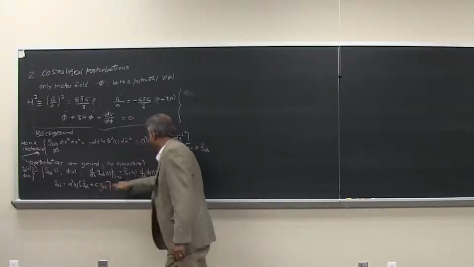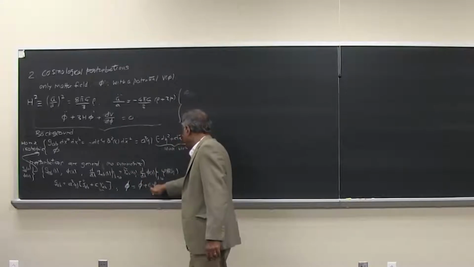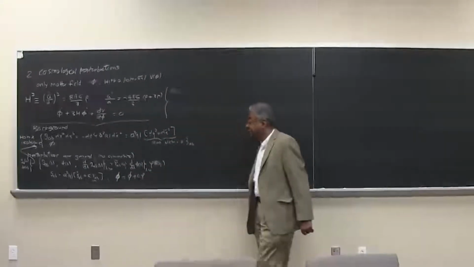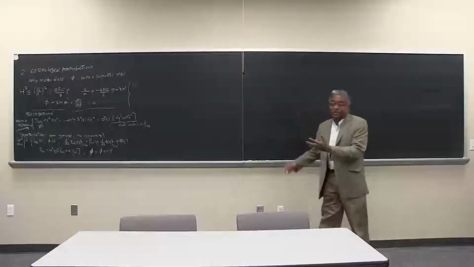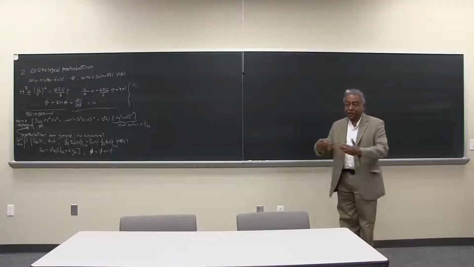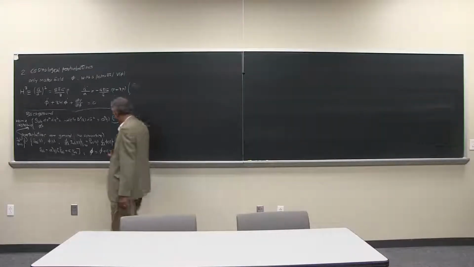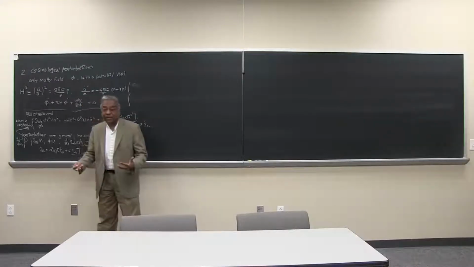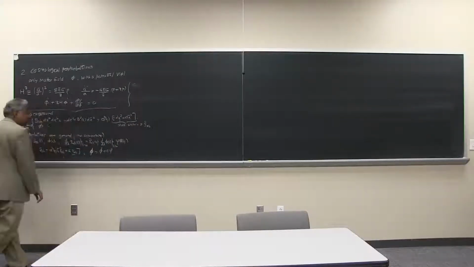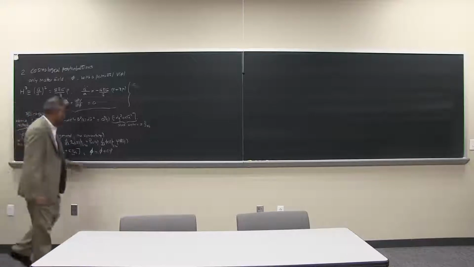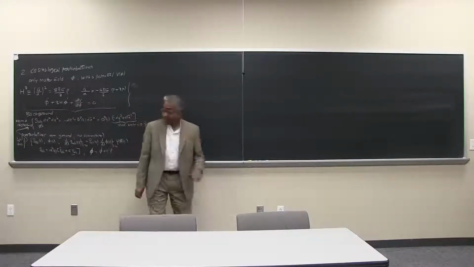This gamma AB, however, depends on both x and eta, and this little phi also depends on both x and eta. Then you can put this in the action, do the variation of the action and keep terms which are only linear in epsilon. That will give you the linearized Einstein equation and linearized scalar field equation for these perturbations.